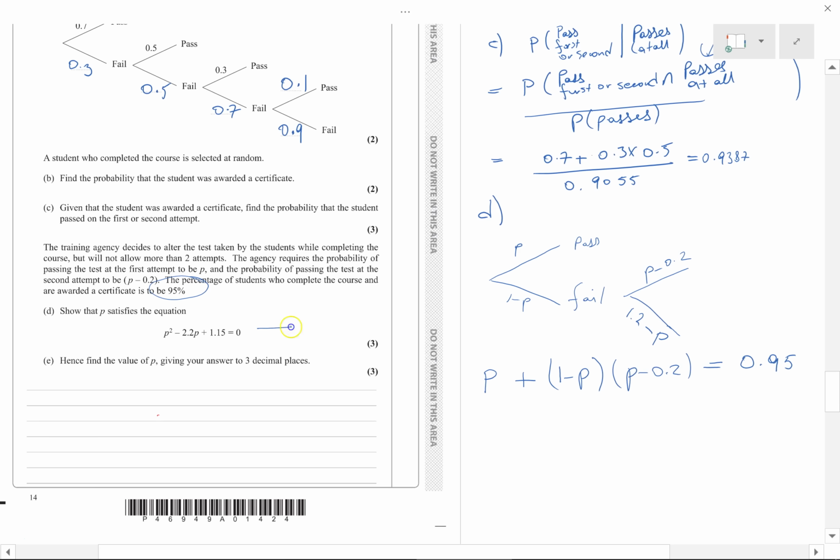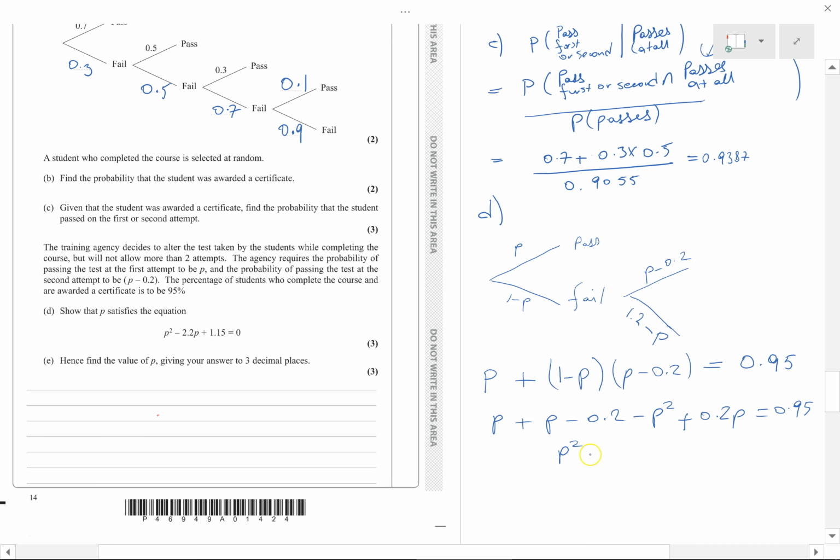Okay, so if I multiply that out, hopefully I'll get this, what might have been initially a little bit frightening, equation. So that's P plus P minus 0.2 minus P squared minus 0.2P equals 0.95. And if I rearrange that, I get P squared, well, it should be plus, obviously, 2 minuses multiplying to a plus.